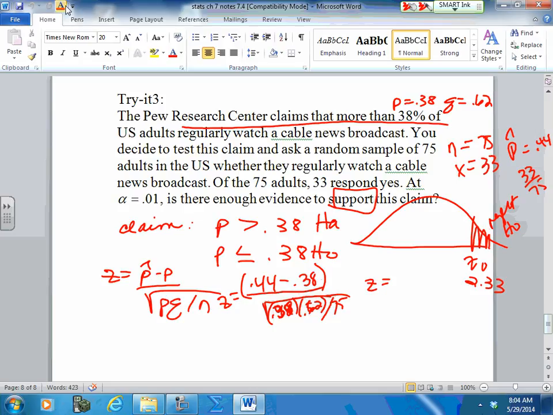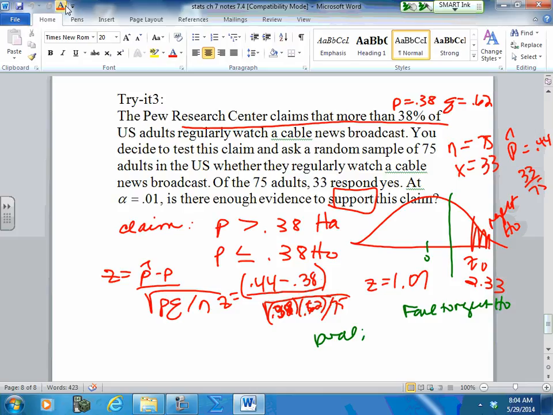So Joe, what's your Z-score? Z-score is 1.07. So we check to see where this falls, and it falls over here somewhere. Here's your 0. It falls in the fail to reject H0.